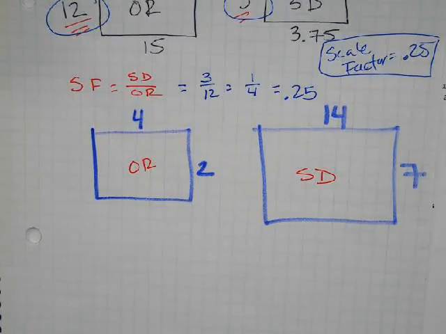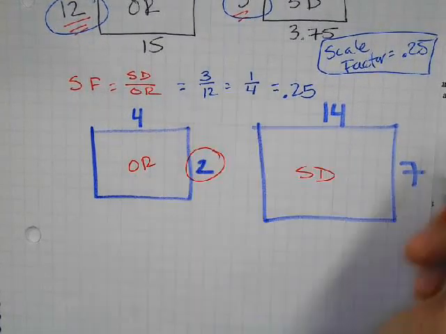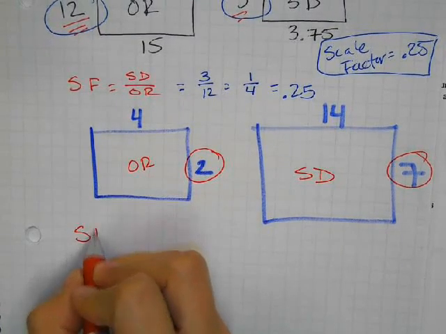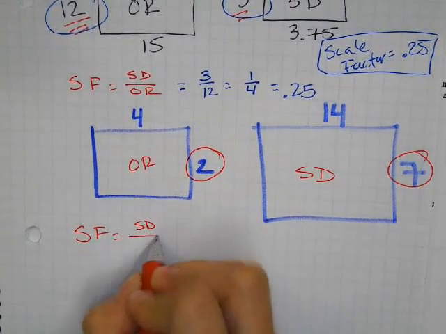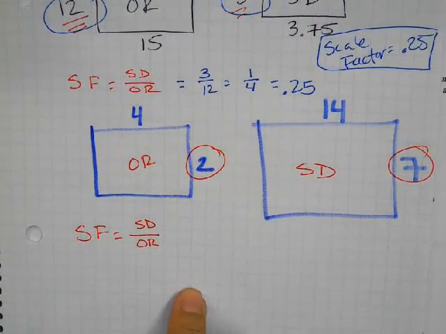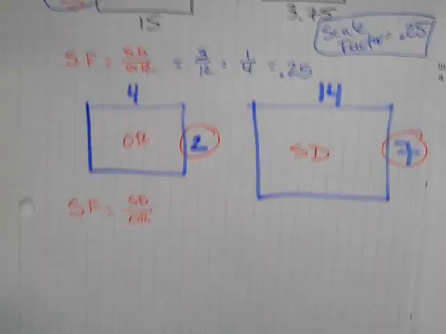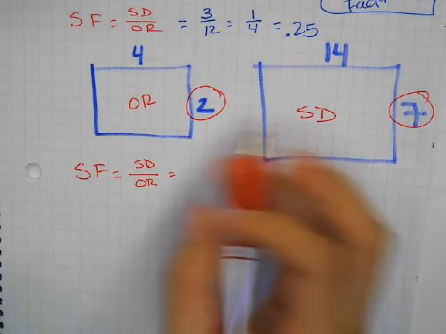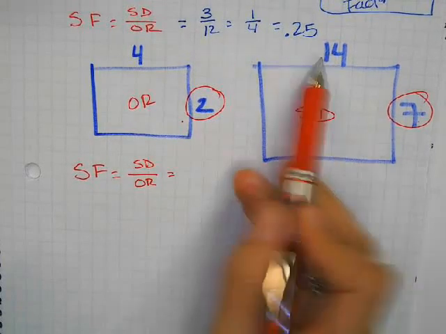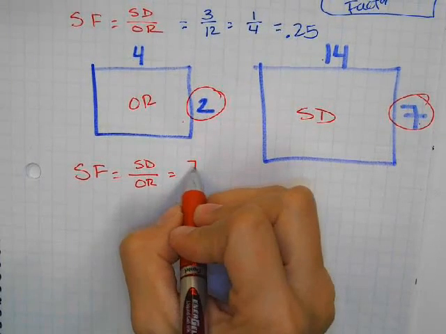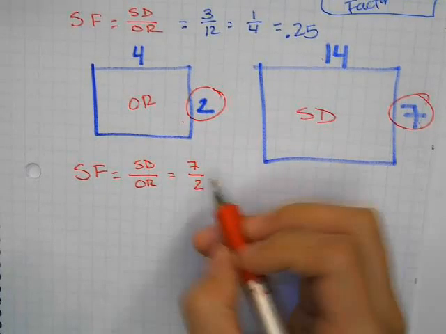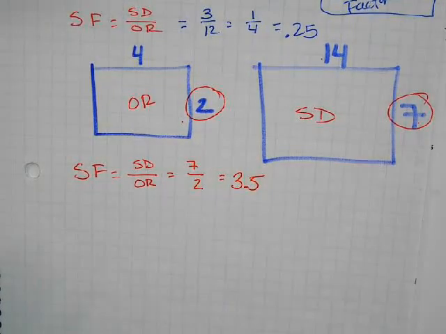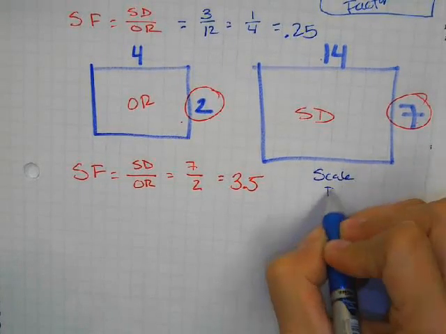Can you tell me what you multiply 2 by to get to 7? No, right? So the scale factor is equal to scale drawing over original. You can choose 7 or 2 or 14 and 4. I'm going to do 7 and 2 because they're smaller numbers. What's 7 divided by 2? 3.5. So the scale factor is equal to 3.5.